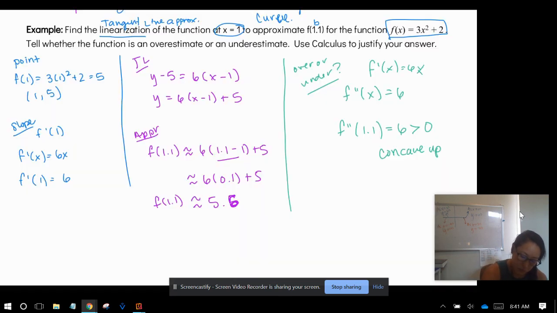So the graph is concave up because f double prime of 1.1 is greater than 0. The tangent line approximation is the tangent line is above the curve.